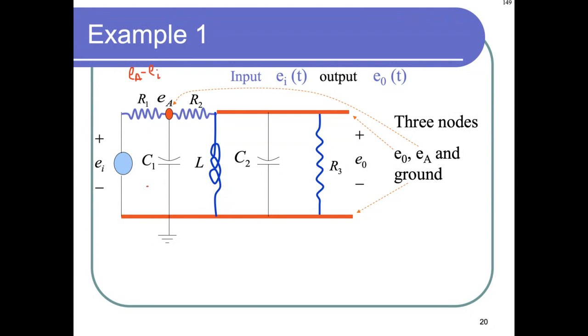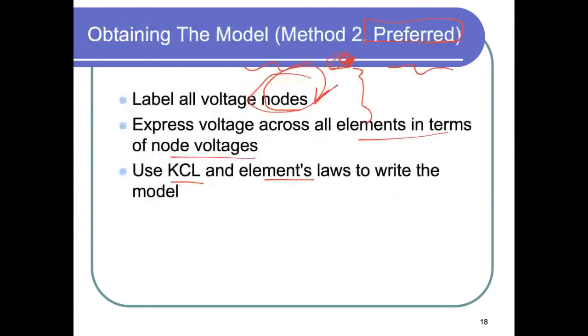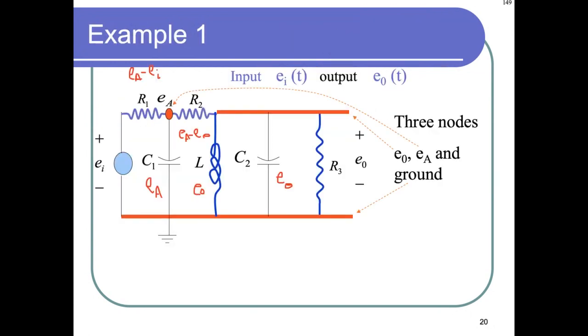The voltage across the capacitor is simply EA. The voltage across the resistor 2 is EA minus E naught. And then the voltage here is just E naught across R3, similarly for C2, similarly for L. This is the second step. We just represent the voltage across every element in the circuit. And with that, we are ready to apply KCL.